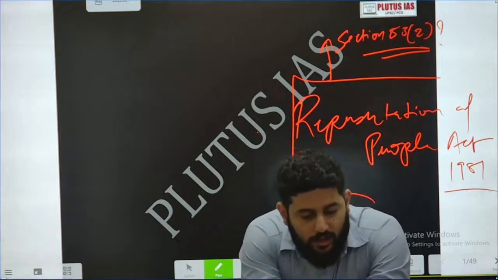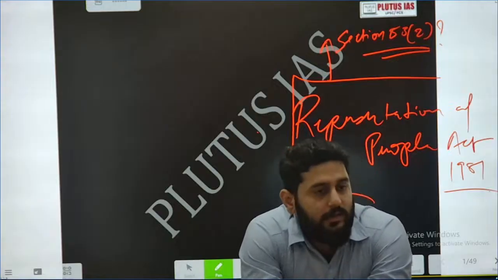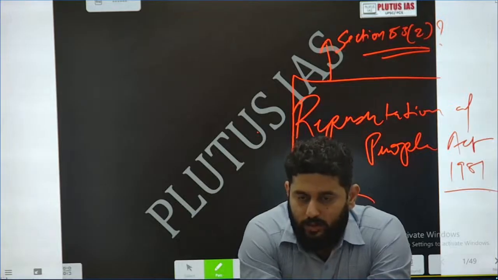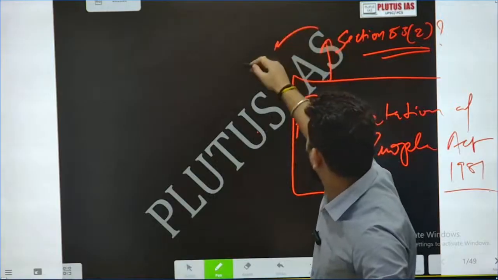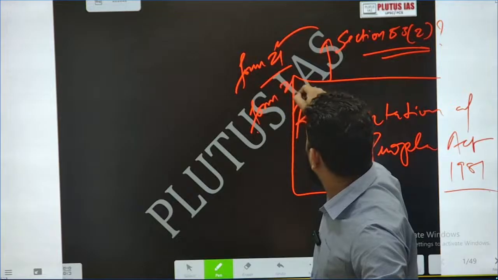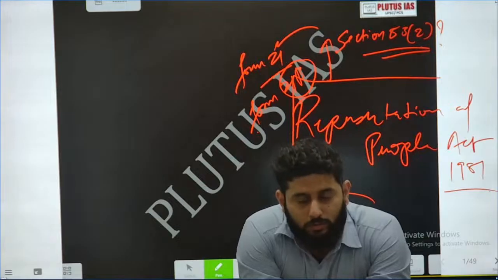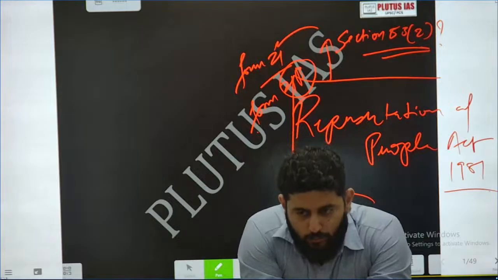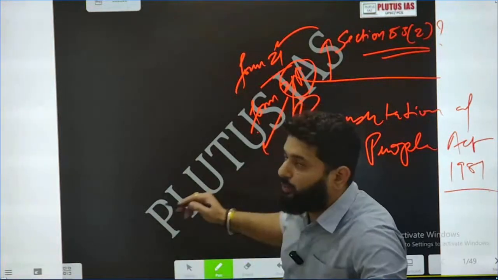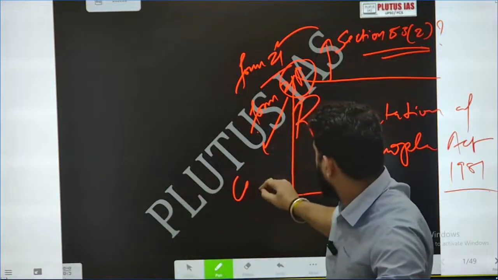In such a case, the returning officer shall declare all such candidates duly elected to fill those seats, and they cover Form 21 and Form 21B. Form 21 is for general elections, and Form 22 is for casual vacancies.